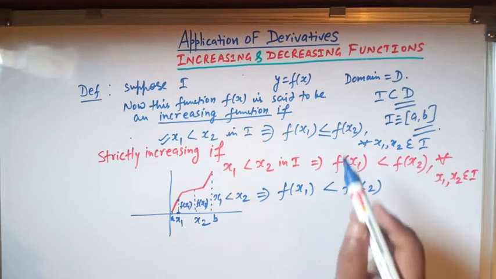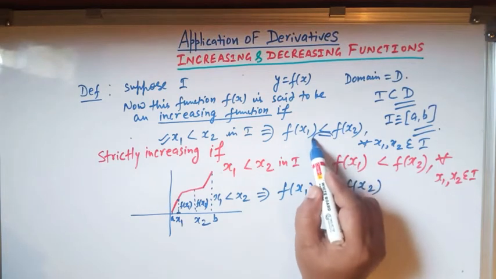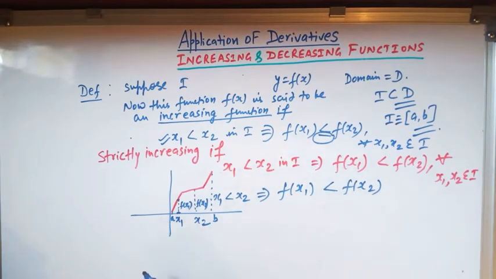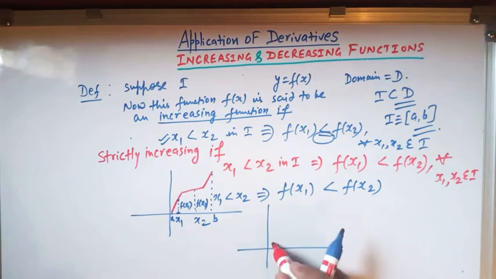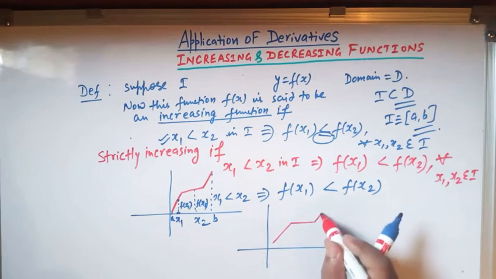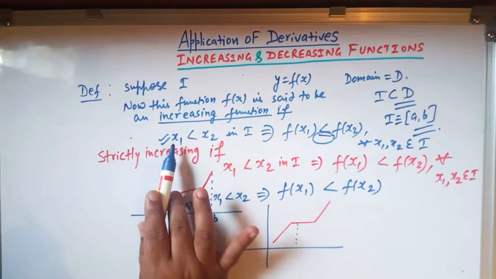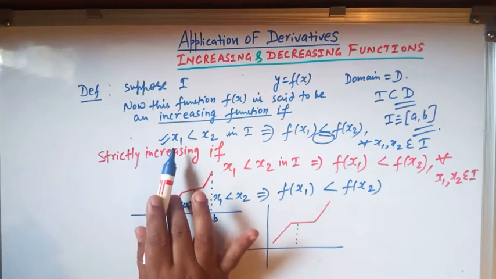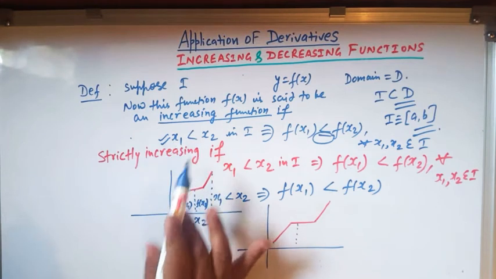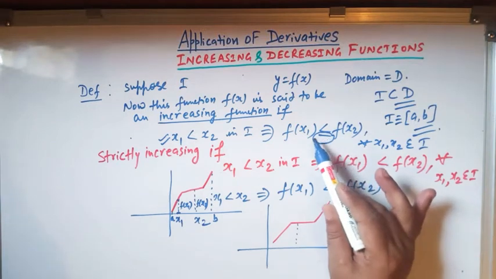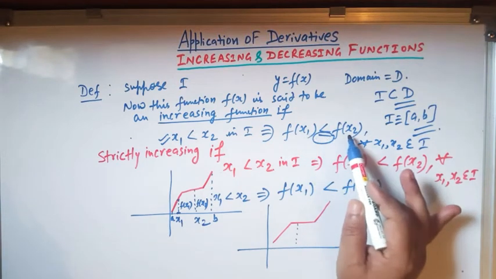Now here we have the equality sign. So what does it mean? It means that if a function is like this, then for some value of x1 and x2, we can have f(x1) equal to f(x2).